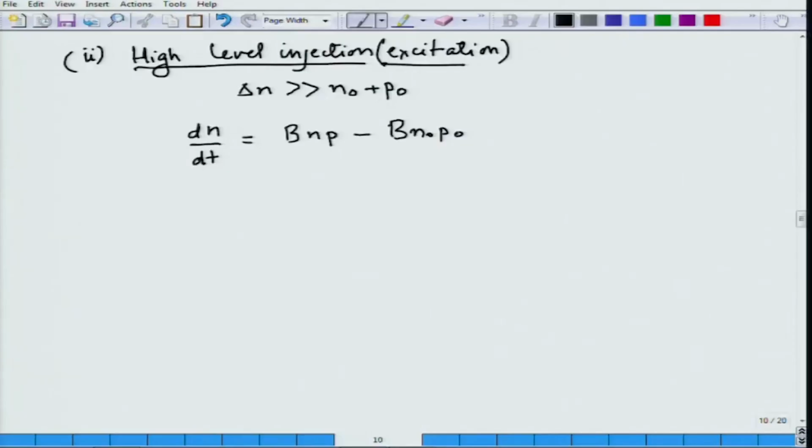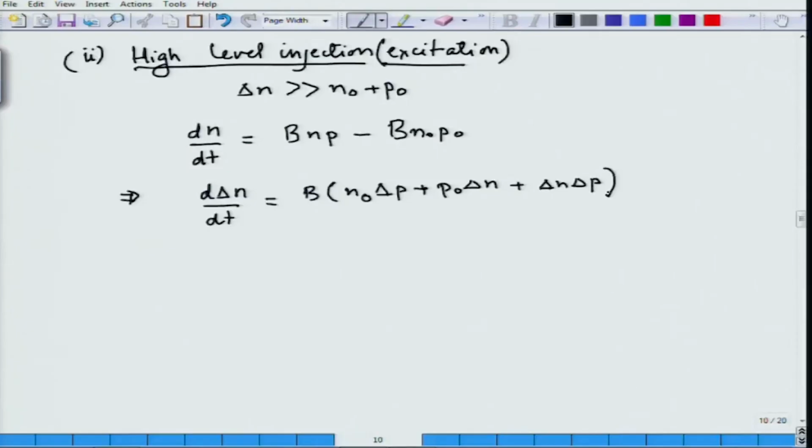What I can neglect is N naught P naught, and in that situation, if I am looking only in terms of excess carrier concentration, d delta N dt is going to be equal to B times (N naught delta P plus P naught delta N plus delta N delta P). Earlier we neglected delta N delta P; this cannot be neglected anymore, and it is going to remain in the equation.